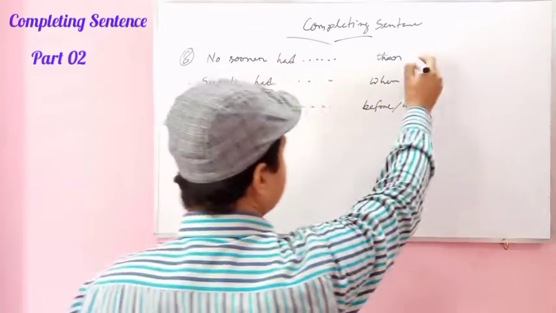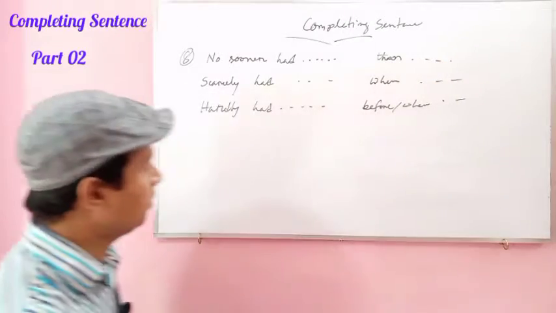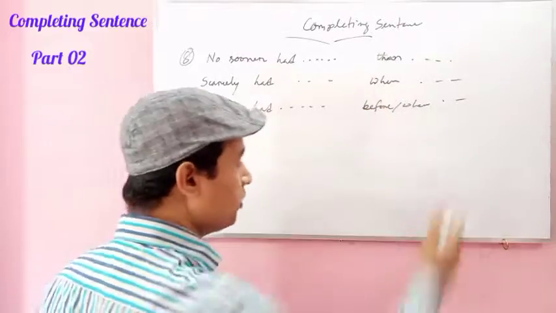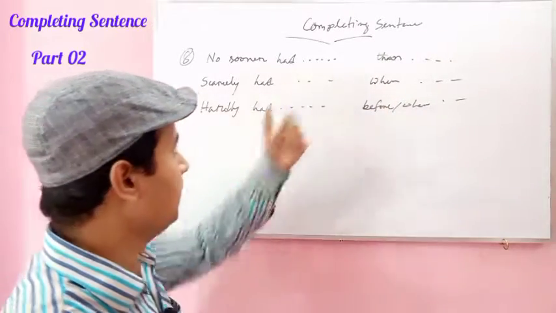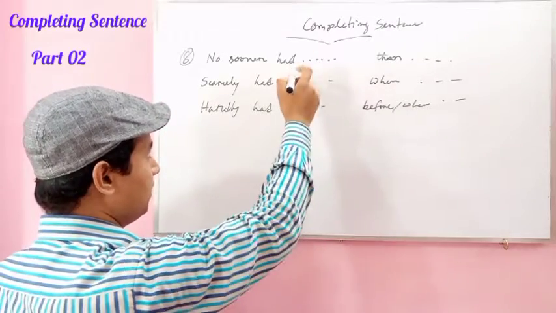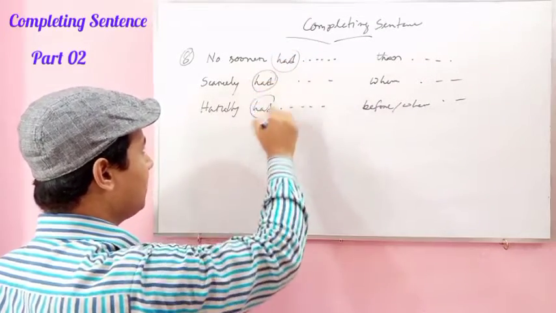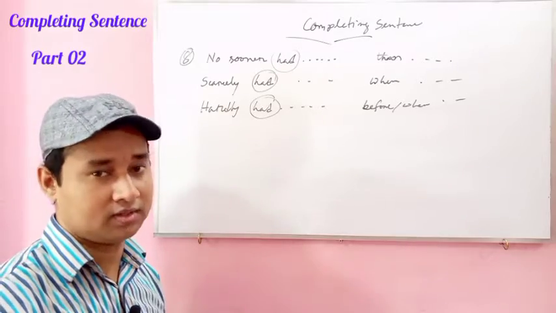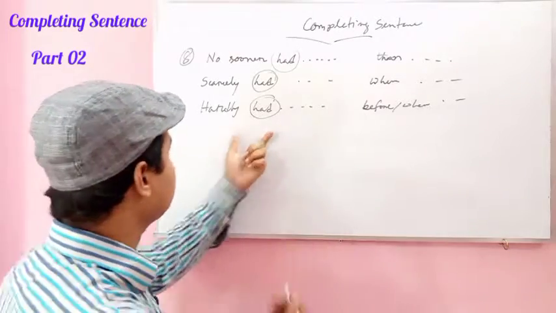Okay, you notice that there is a clause and there is also another clause. This clause will be past perfect because this is had. You know that after had the verb will be V3 format, past participle. Then you will use the subject.